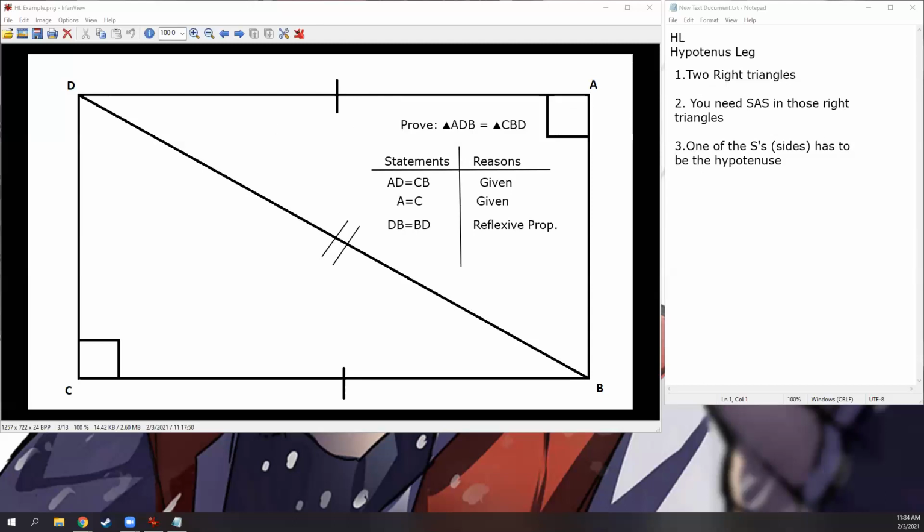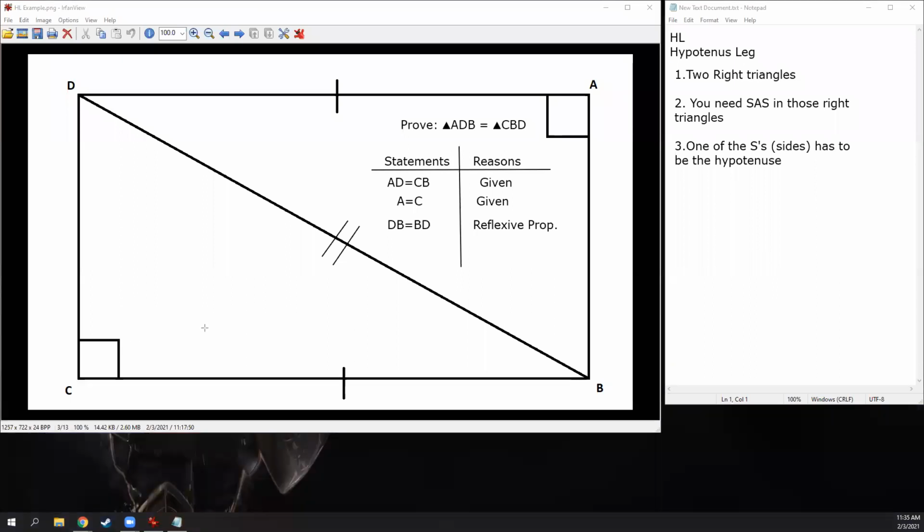If you're very unclear as to what a hypotenuse is, let me help you out. Hypotenuse is the longest side of a right triangle. That's normally pretty apparent, but sometimes they're drawn pretty awkwardly. So what you can do is look at the right angle, because the right angle is an arrow that points to the hypotenuse. So the hypotenuse of CBD is this side right here.